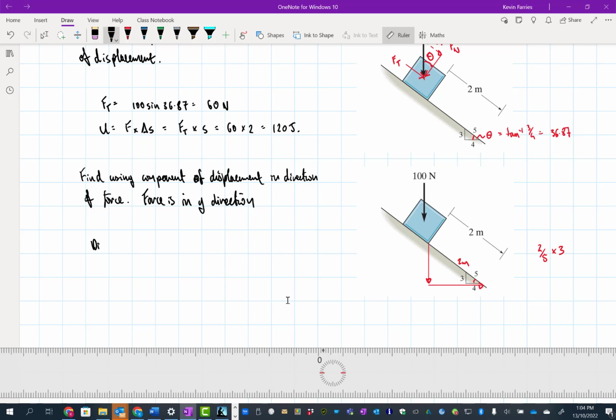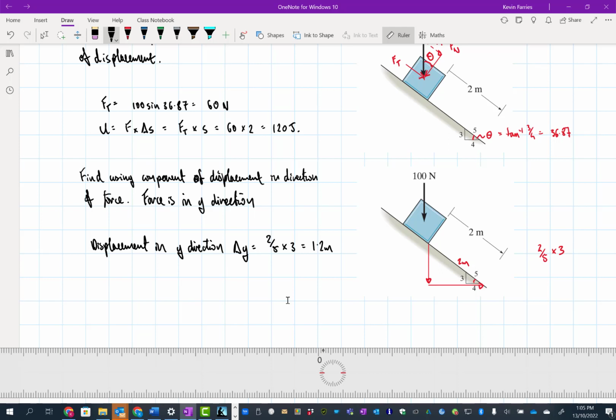And so the displacement in the y direction, delta y, is equal to 2 divided by 5 times 3, just using that 3-4-5 triangle that they've given us. So 2 divided by 5 times 3, which equals 1.2 meters.